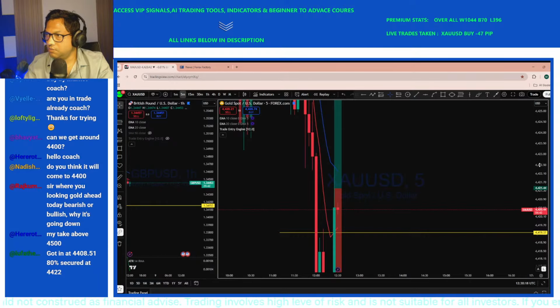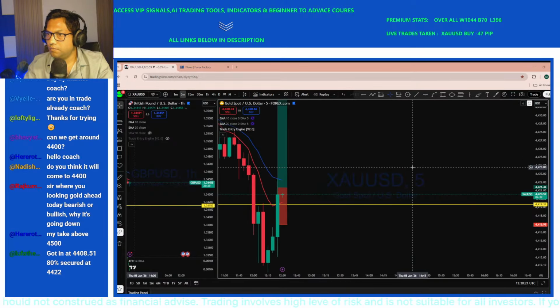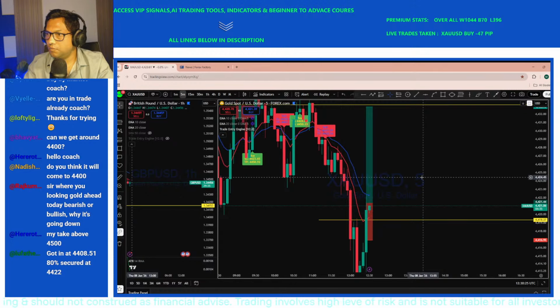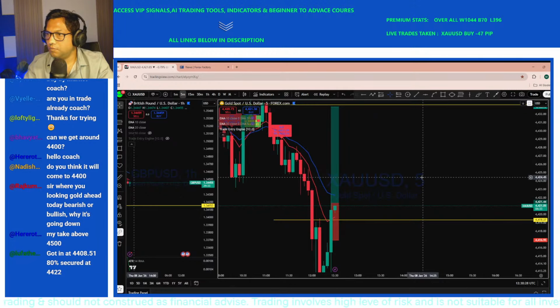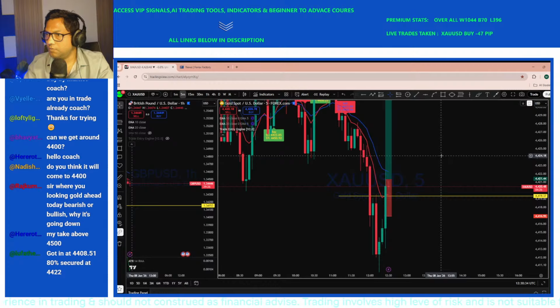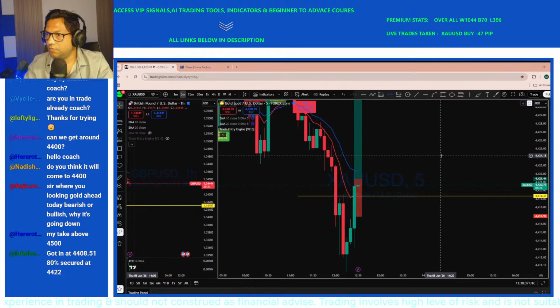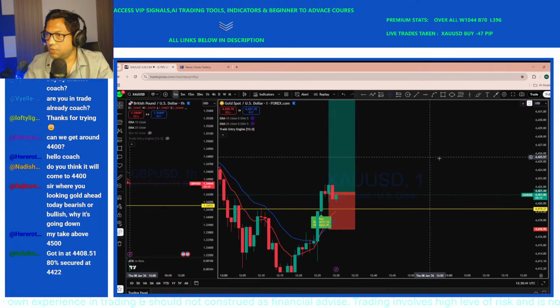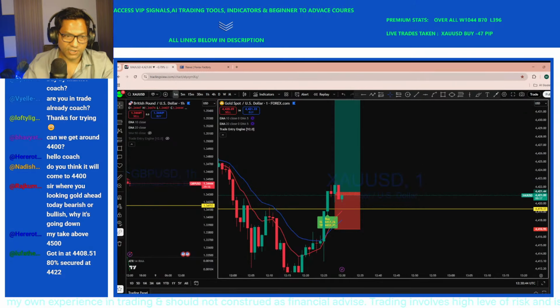We want to see a stronger bullish price action, and at the same time, if we don't see strong bullish price action, you're also ready to close with running profit.